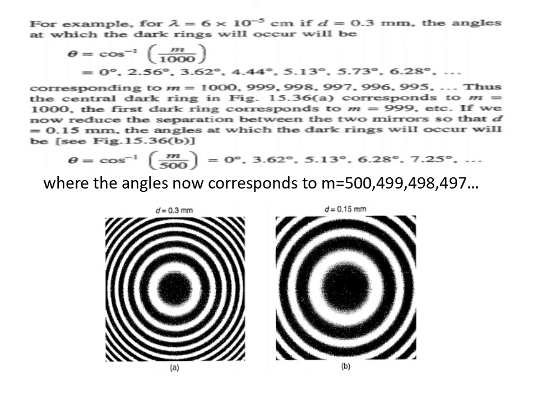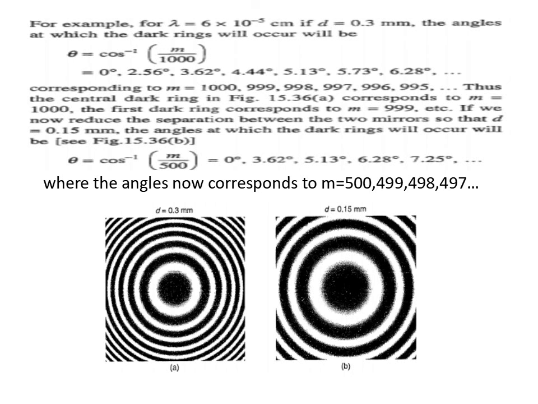So these values will be 0 degree, 2.56 degrees, 3.62 degrees, etc., corresponding to the values of m equal to 1000, 999, 998, 997, etc. So the inference from these values is that the central dark ring in figure A corresponds to m equal to 1000, and the first dark ring corresponds to m equal to 999, etc.